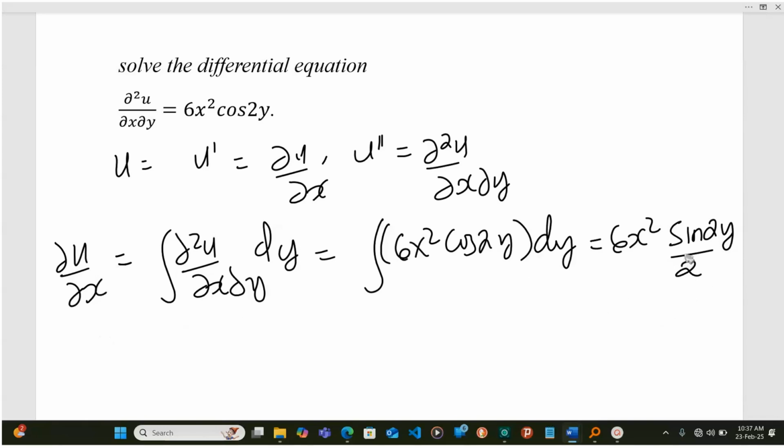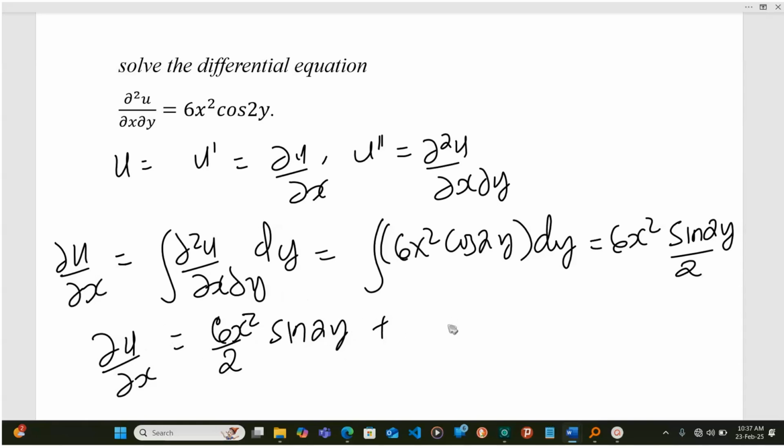Then we shall add a constant there. So del u, del x becomes 6x squared out of 2 sine 2y plus a function of x, because since we integrated with respect to y, this constant is going to bear a component that is of x, not of y.